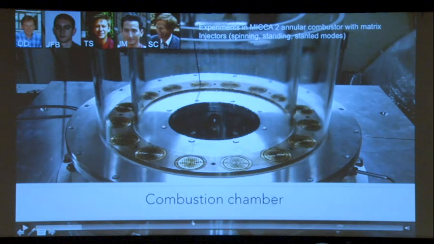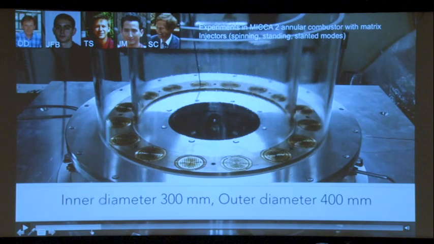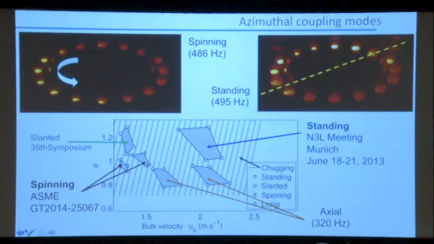Yeah, it's moving. Is it moving? It's not moving.